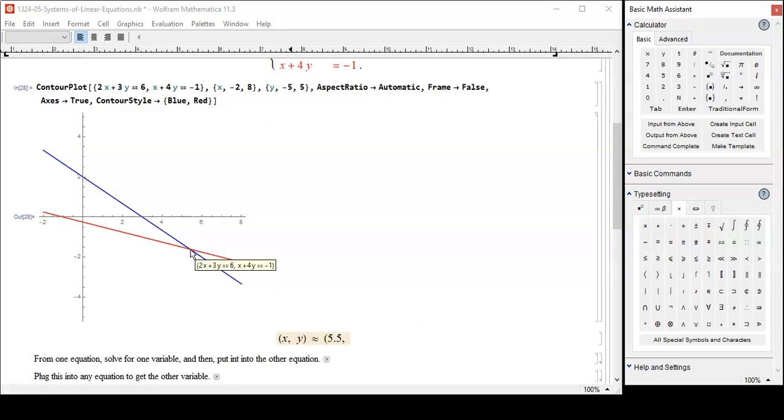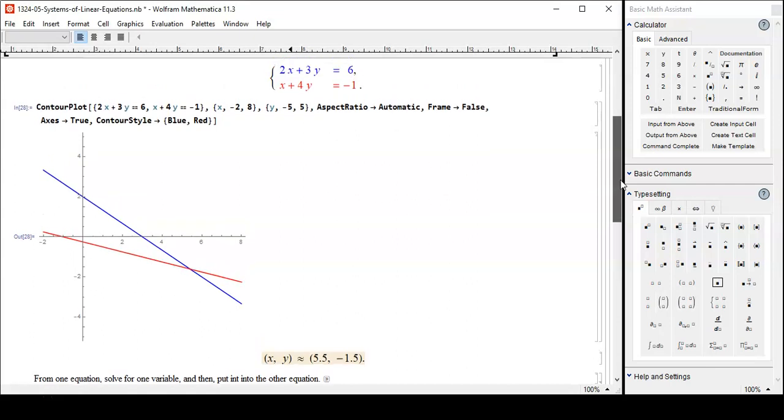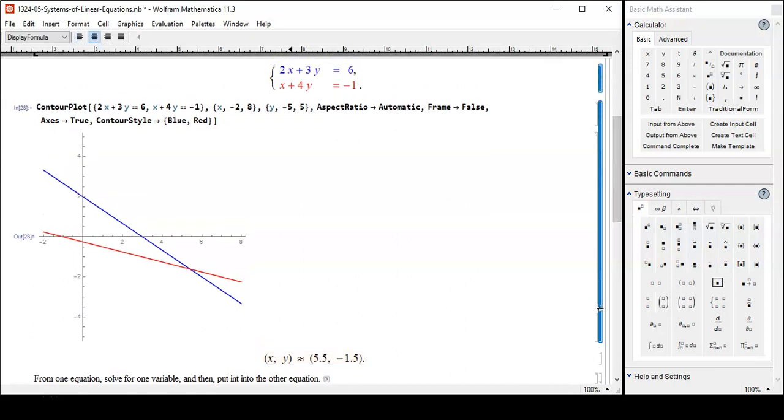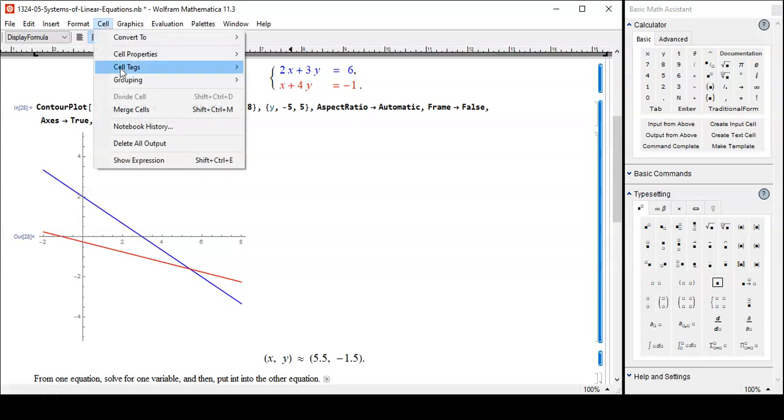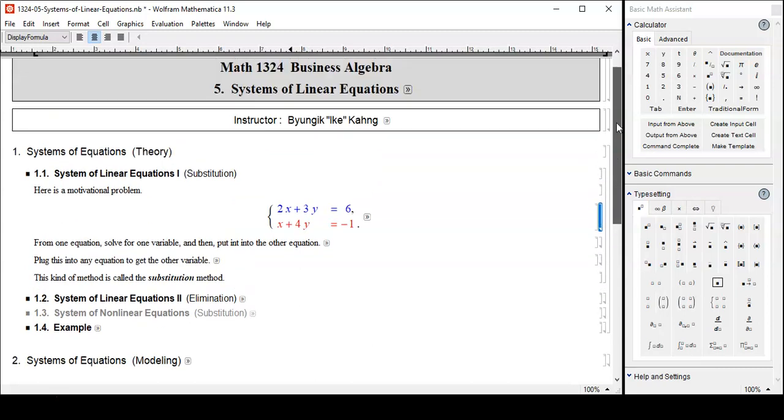And then the y-coordinate, again just a guess, negative 1.5 approximately. Anyway, that's my guess, and that's what I can get from graphics. Now let's find the precise solution through algebraic means.